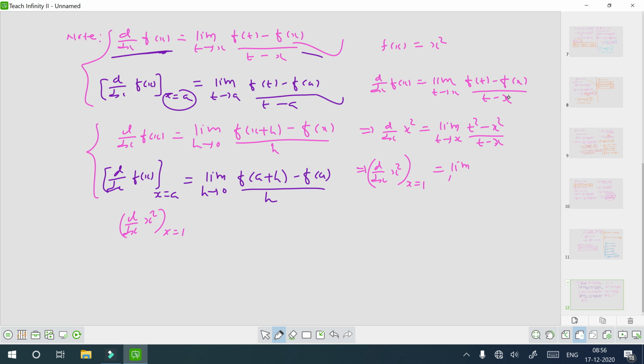So take x is equal to 1 here. So limit t tends to 1, t square minus 1 square over t minus 1. And we know that it is of the standard form: variable raised to n minus constant raised to n over variable minus constant equals n times constant raised to n minus 1. So with the help of definition, we can find derivative in general, and also at a given particular point. Clear? In the next lecture, we are going to see more examples and more results.